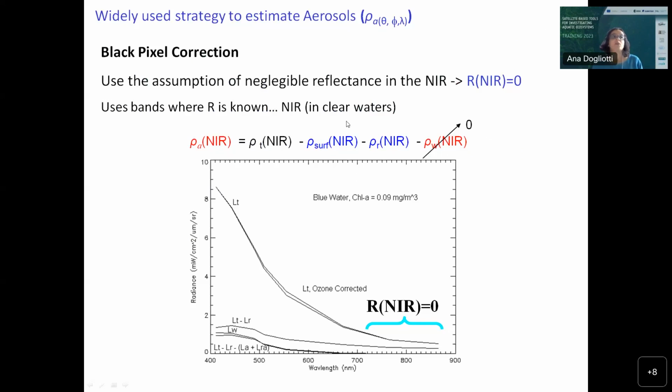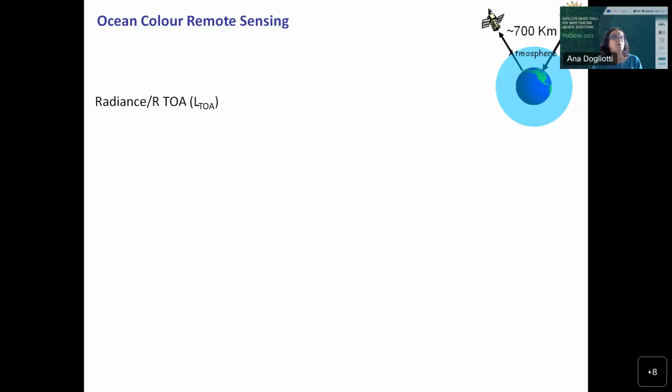So knowing this, we can estimate the reflectance of the aerosols in the near infrared part, and then extrapolate it to the visible part and correct for the aerosols, knowing the shape and type of aerosols using these bands in the near infrared. So that's the basics of what we need for atmospheric correction.